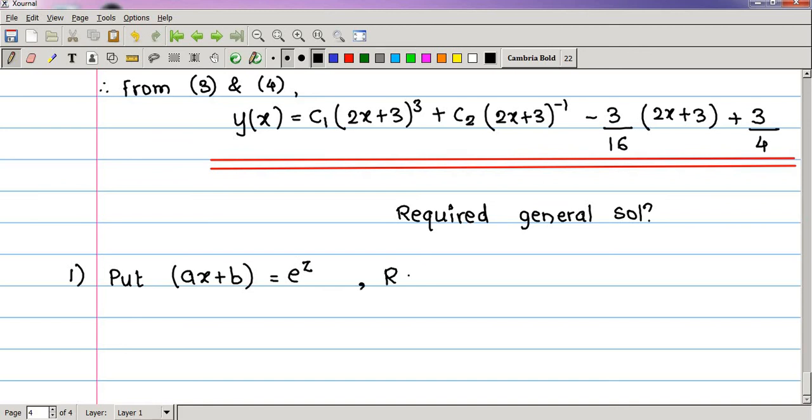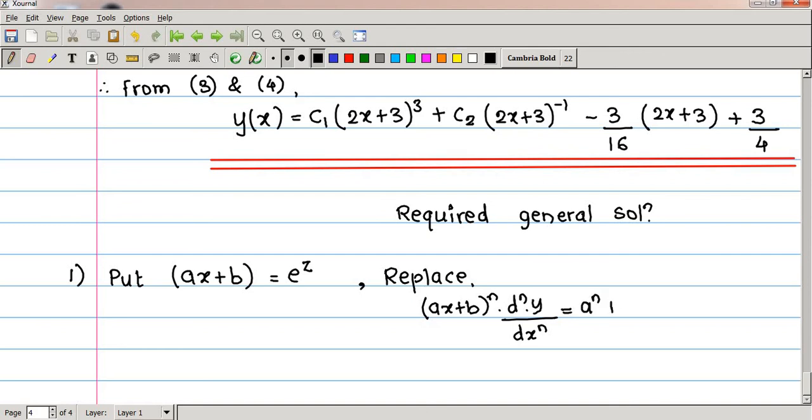Then by using this substitution we can replace the variable coefficient form of the differential terms in the given equation by the formula (ax plus b) raised to n, where n can be anything, into the nth derivative of y with respect to x. It will be replaced by a raised to n into D (D minus 1) up to (D minus n plus 1) y.